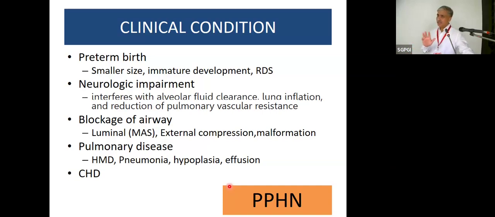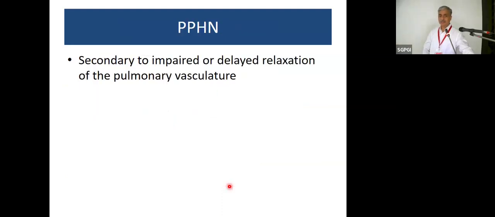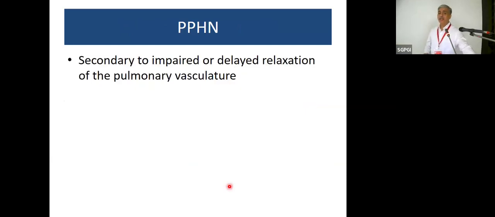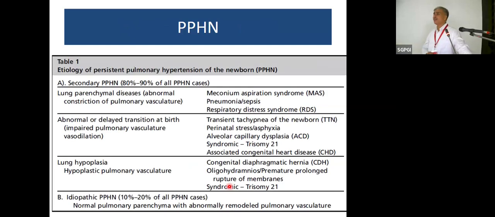The increase in pulmonary vascular resistance is what we are going to discuss in the subsequent classes, the PPHN. To summarize, impaired or delayed relaxation of the pulmonary vasculature leads to pulmonary hypertension, which has been broadly classified into two, primary and secondary.